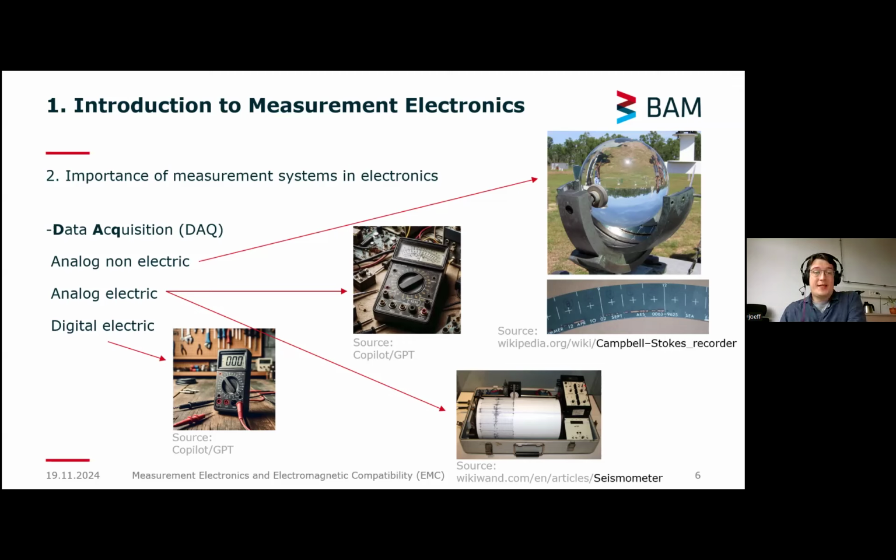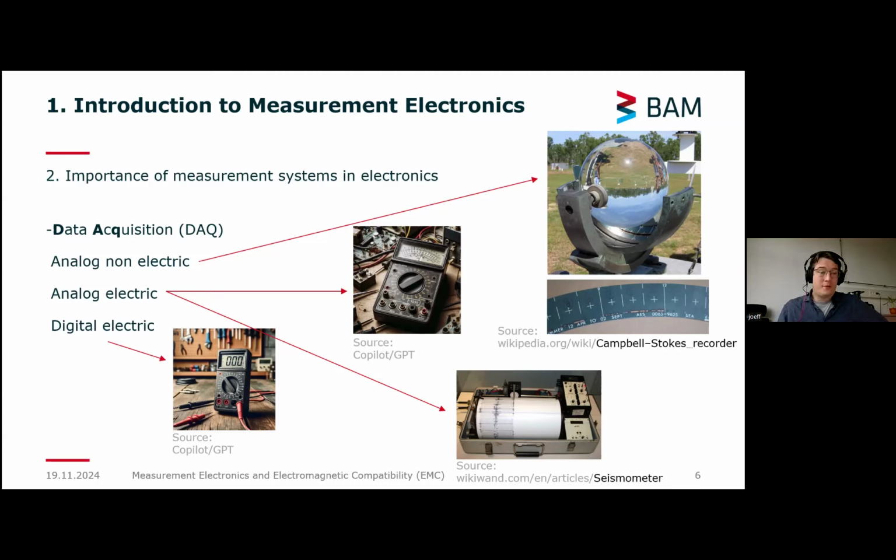And besides that, more modern analog electric multimeters or some seismometers, which plot the information on a piece of paper, and you can acquire the data you wanted to have without digital converting.